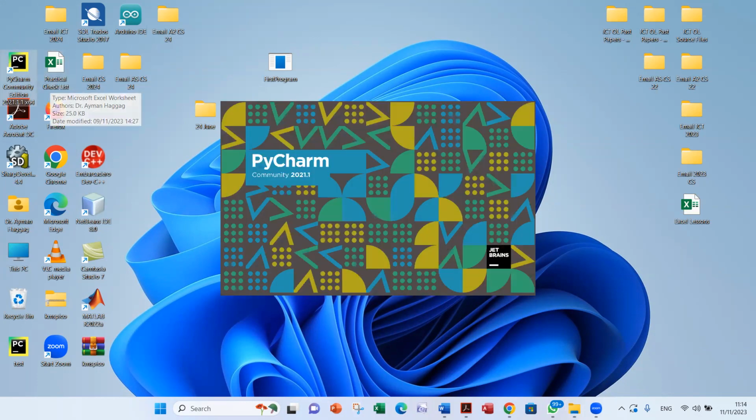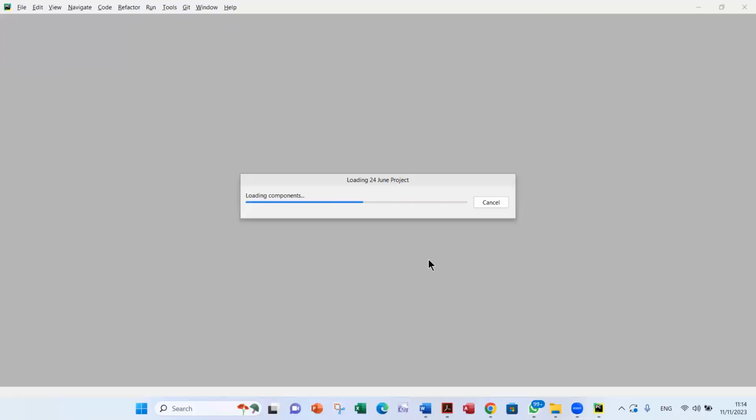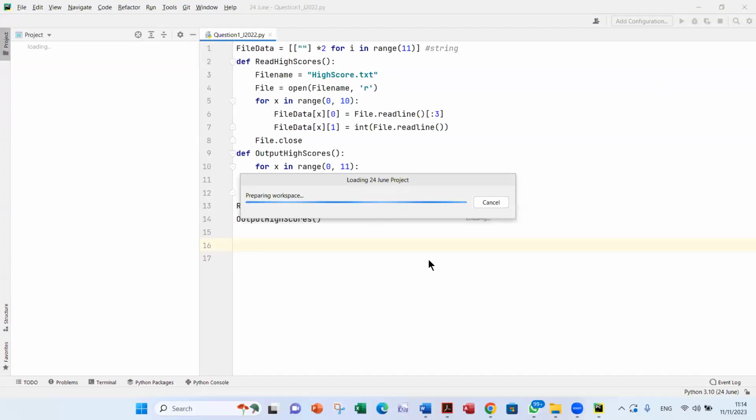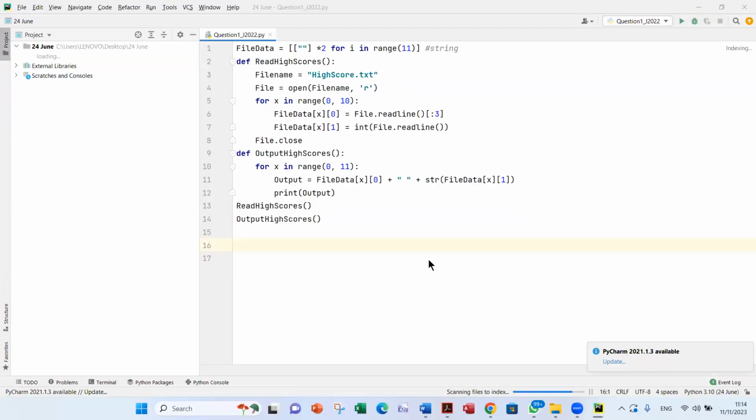This is PyCharm. This is the software that's going to be in your exam day in Egypt. I cannot guarantee what software will be in your lab in other countries. This is the official integrated development package that will be in your exam in Egypt.